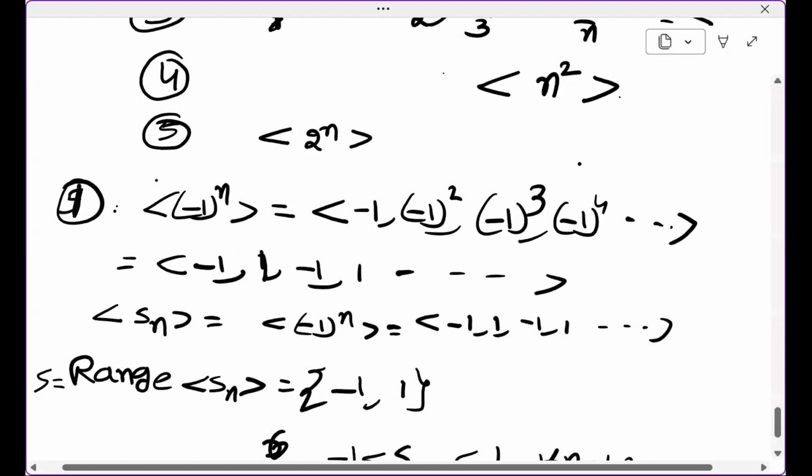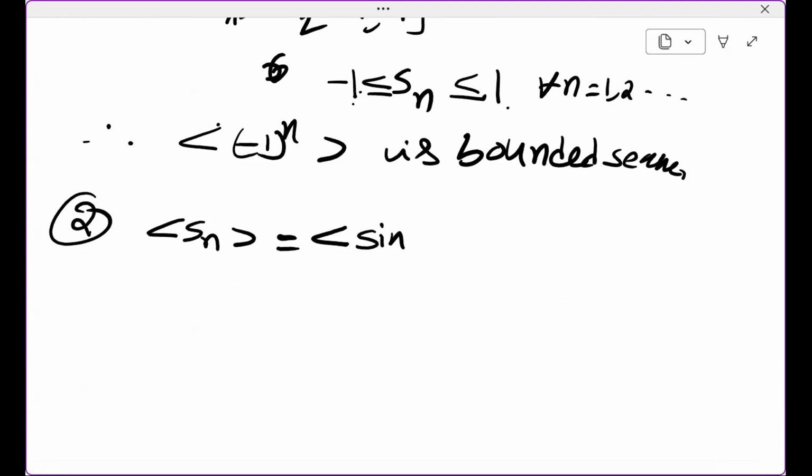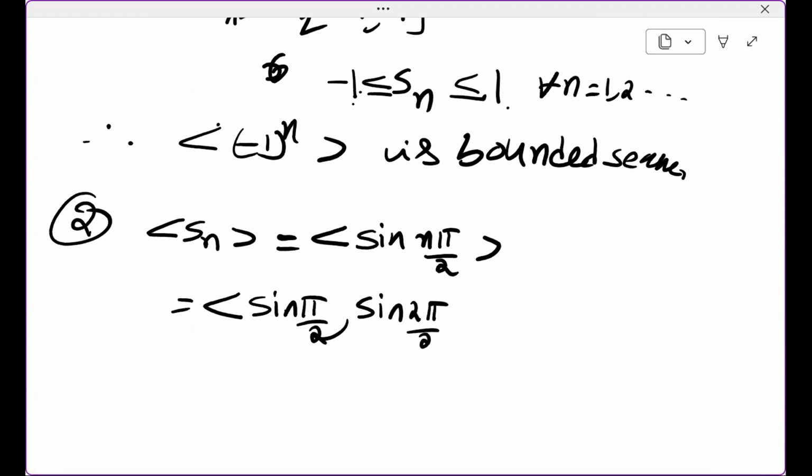Sin n pi by 2. Earlier we have discussed this sequence Sn = sin n pi by 2. Earlier we expanded it and got -1, 0, 1; these are the only values. For n equal to 1, sin 90, already discussed. Sin 2 pi by 2, sin 3 pi by 2, and so on.